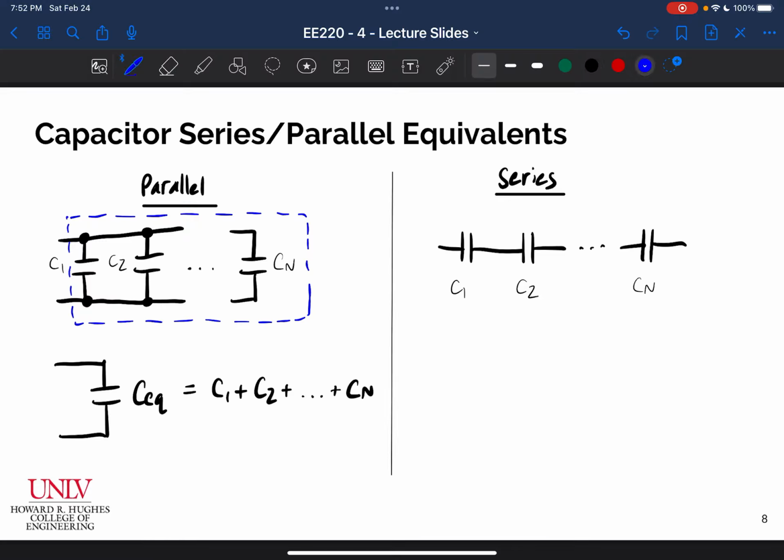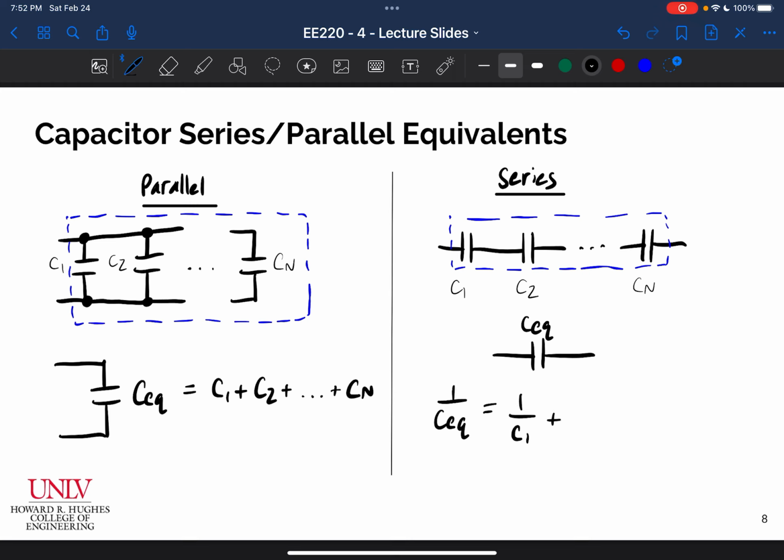And so if I wanted to take this group of capacitors here and replace it with a single equivalent capacitor, CEQ, that CEQ is going to be equal to, 1 over CEQ is going to be equal to 1 over C1 plus 1 over C2 all the way down to 1 over Cn.